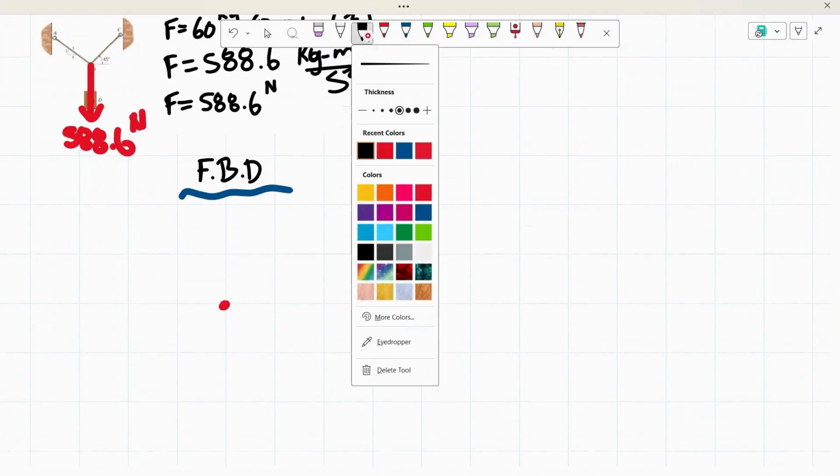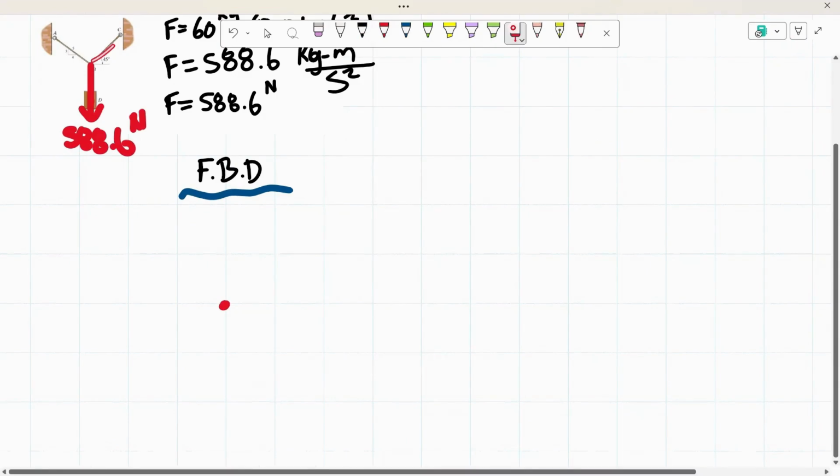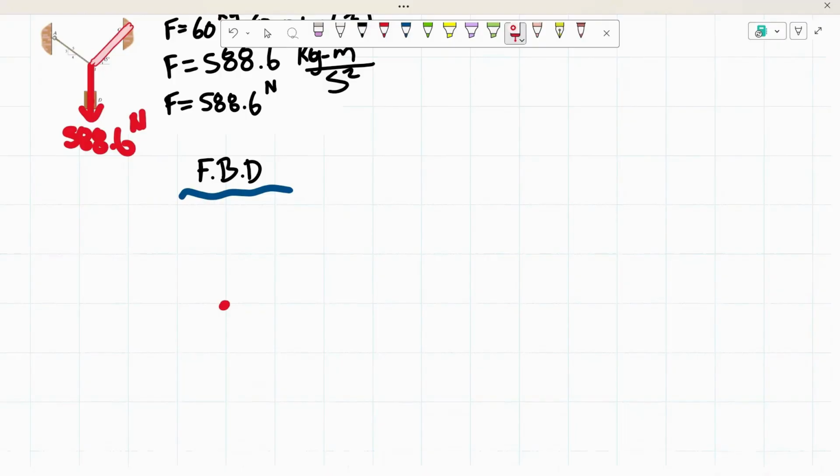And then from there, we're going to draw any forces, any reactions, anything surrounding joint B. As you can see, we have cable BC right here that is getting pulled away from joint B. So we have a force right here, and we're going to call that force FBC.